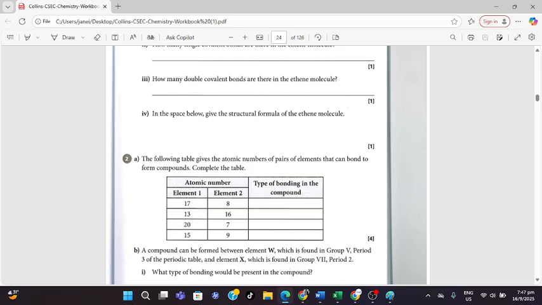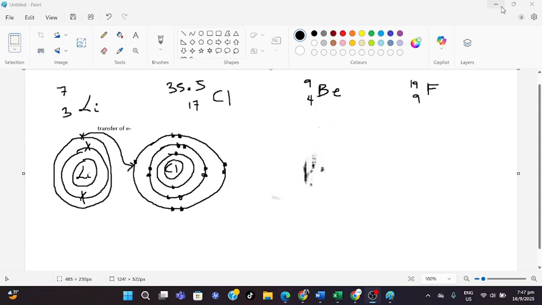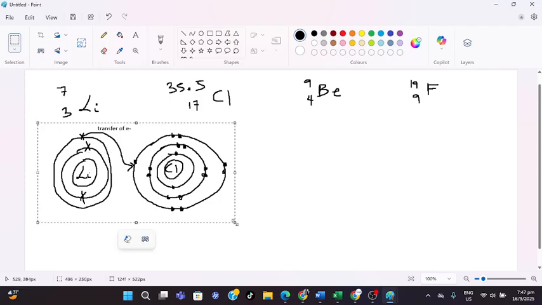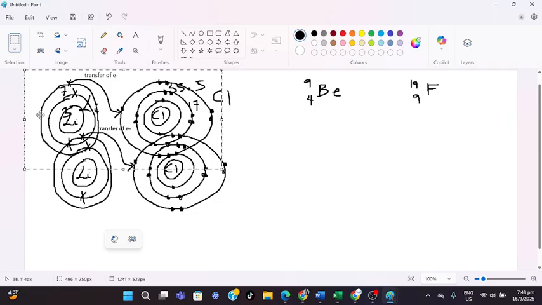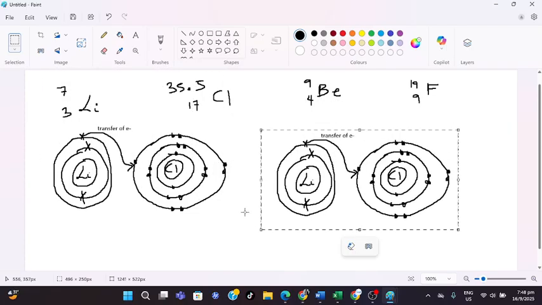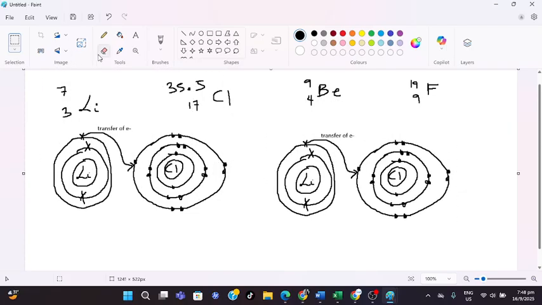I have no idea what that's supposed to be. Alright, let me copy again. Pressed something I should not press.